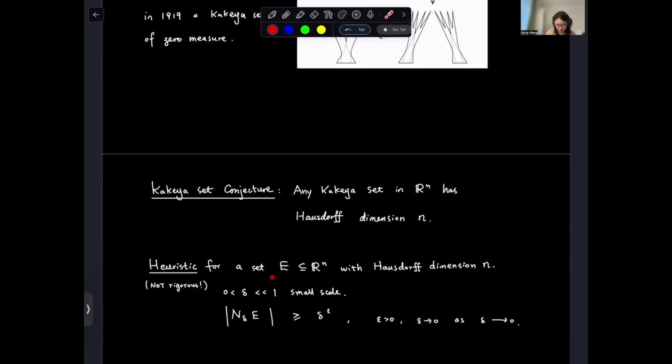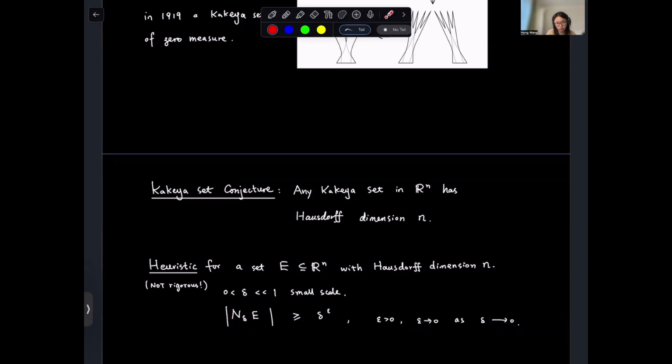Here is a heuristic that's not rigorous, but it serves as a nice intuition. When we try to imagine a set E with Hausdorff dimension n, even though the set could have measure 0, how do we imagine it? We take delta to be a very small scale, and eventually we let delta go to 0. Then we take the delta neighborhood of the set, and we want the volume of its delta neighborhood to be greater than delta to the epsilon, where epsilon is positive and goes to 0 as delta goes to 0.